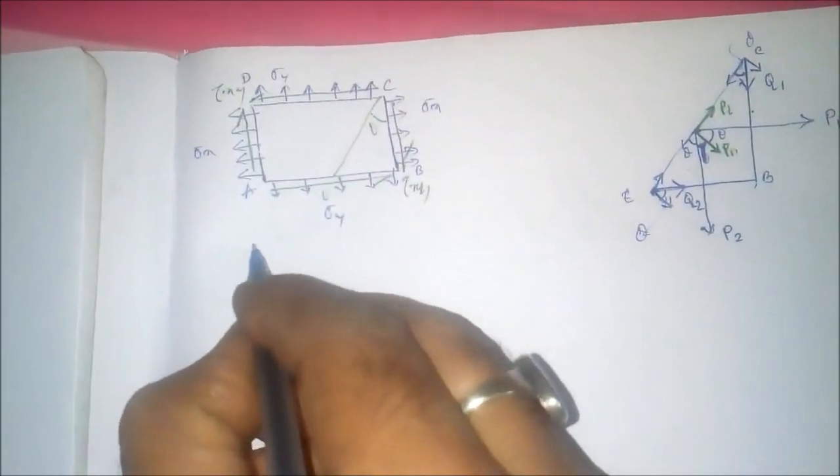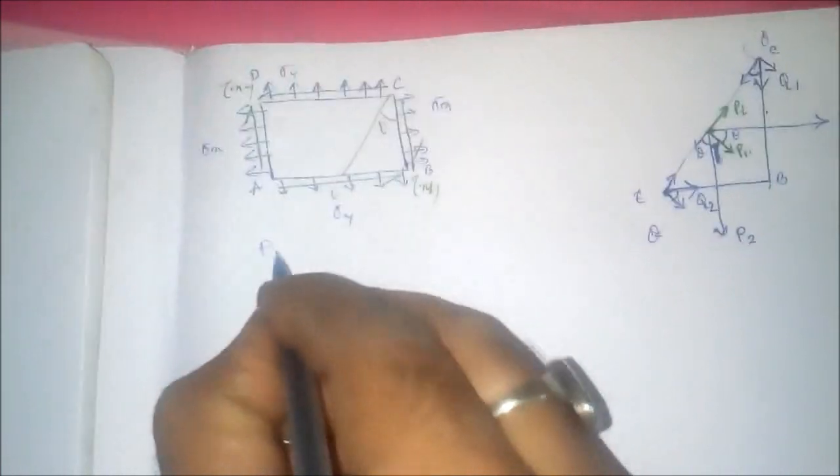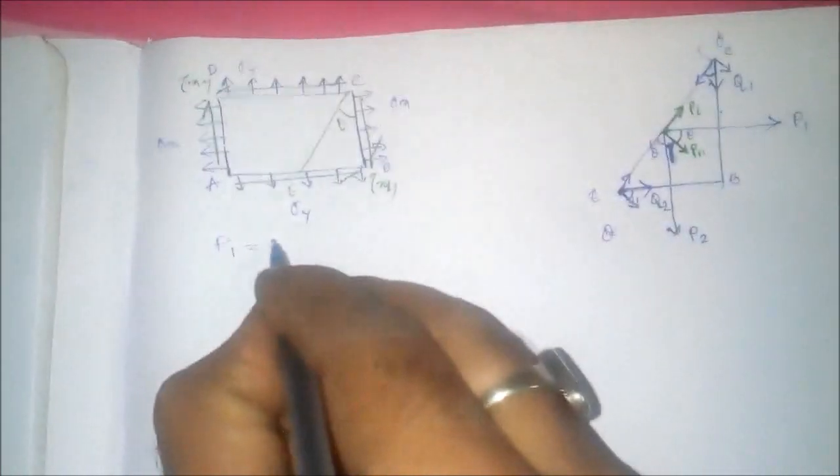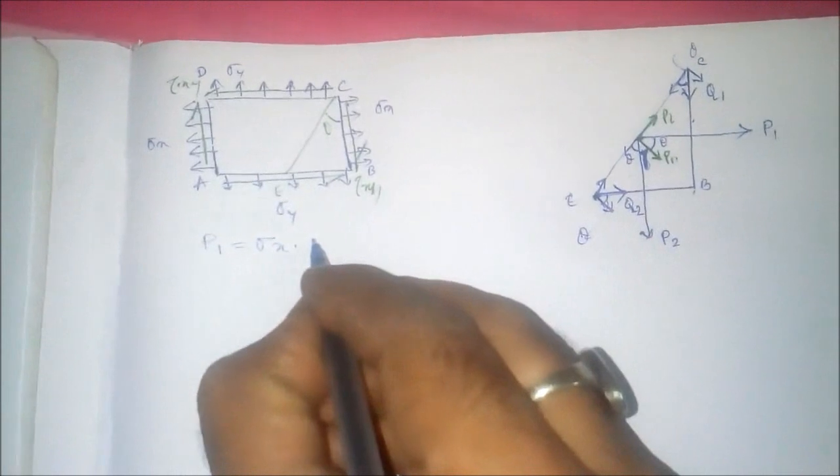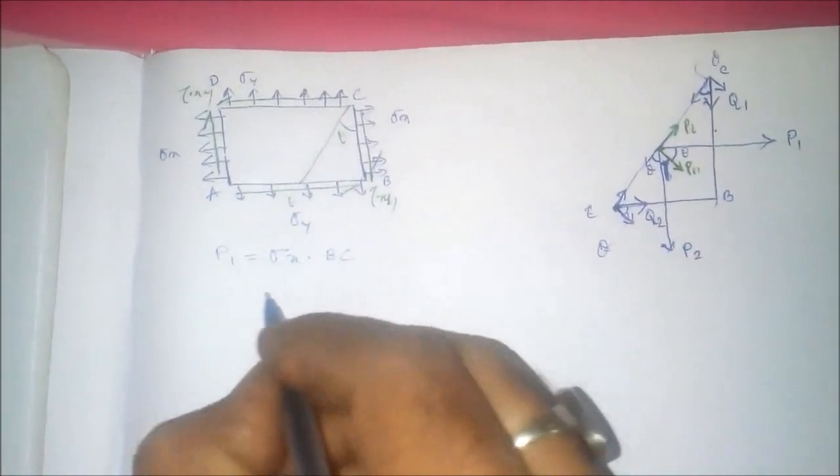We have seen that the value of P1 will be equal to sigma x into area. In this case the area is BC.